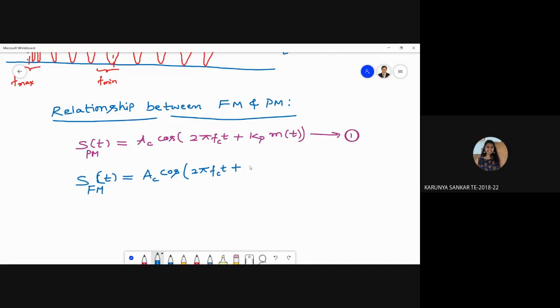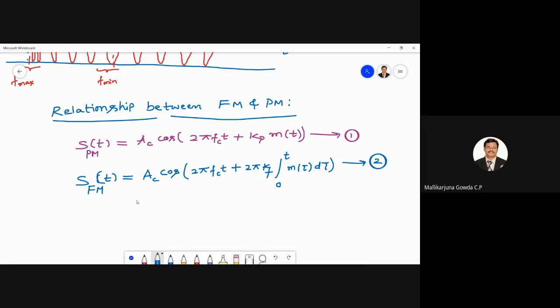It is 2 pi KF. Then, is it m of t or the integral of m of t? Integral of m of t, from 0 to t, m of tau d tau. Let me call this equation 2.